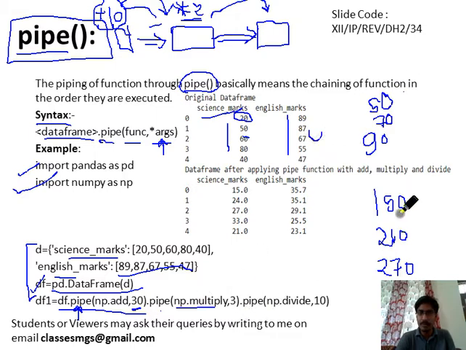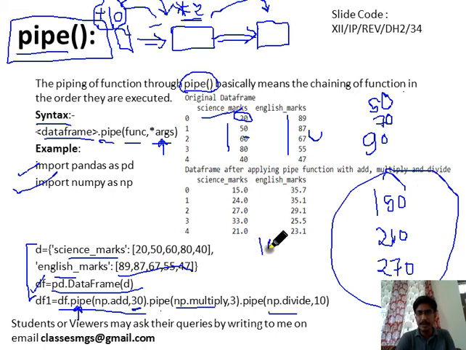Now the output of this pipe function will act as input for the next function, np.divide with 10. So 150 divided by 10 gives 15, then 210 divided by 10 gives 21, 270 divided by 10 gives 27.